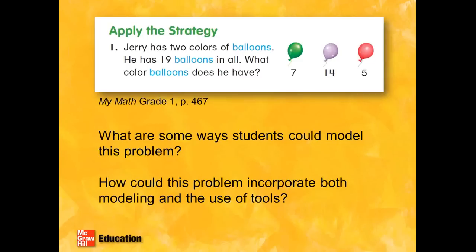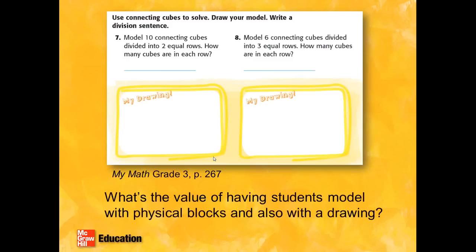Maybe they'll use a part-part whole chart. Maybe they'll use bar modeling as an example. Maybe they'll use actual color counters to model the different quantities and then count all together. But this example can incorporate both the modeling and the use of tools depending on the level of student understanding.